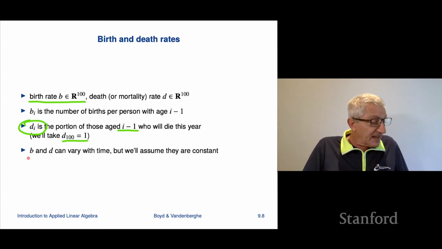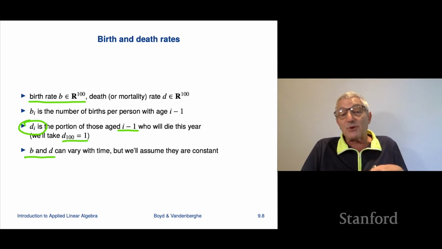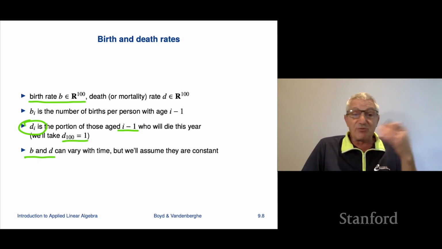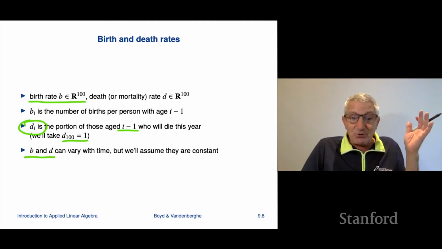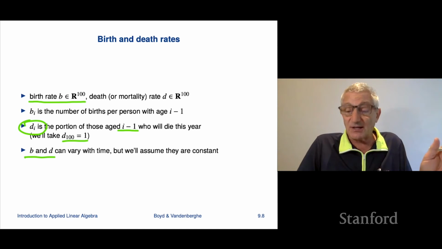I should say that in fancy population dynamics models, both the birth rate and the death rate also change with time, for social reasons, health technology advances, and things like that. But we're just going to assume they're constant.